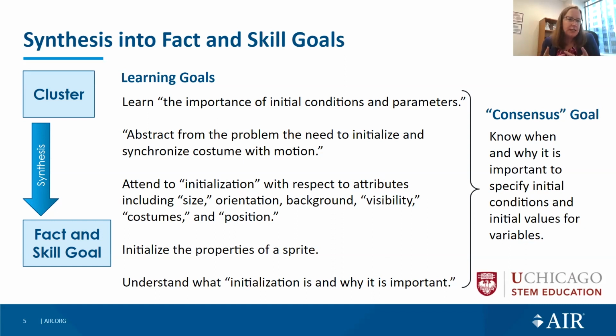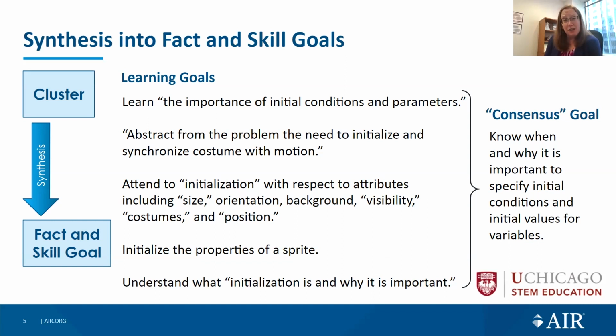So we ended up collecting those together because they were related about initialization, and we didn't feel like we had enough consensus about which flavor of those things to articulate it into one goal, just about, say, abstracting the need. So we ended up with consensus goals about variables that were about things like initialization, types, updating, things like that.